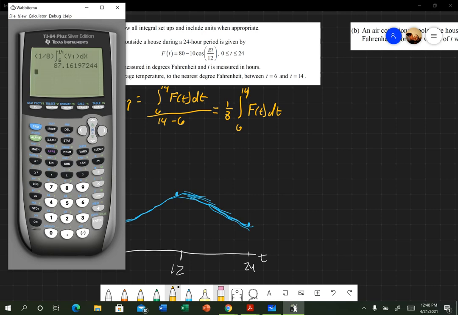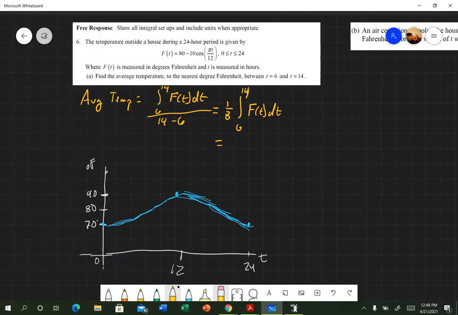So I get 87.161. So this is going to be equal to 87.161 degrees Fahrenheit. Or, and again, we go back to what the problem said, to the nearest degree, right? That's what they wanted. So in this case, 87 degrees Fahrenheit. And so that's going to be the answer for this first one, 87 degrees Fahrenheit.